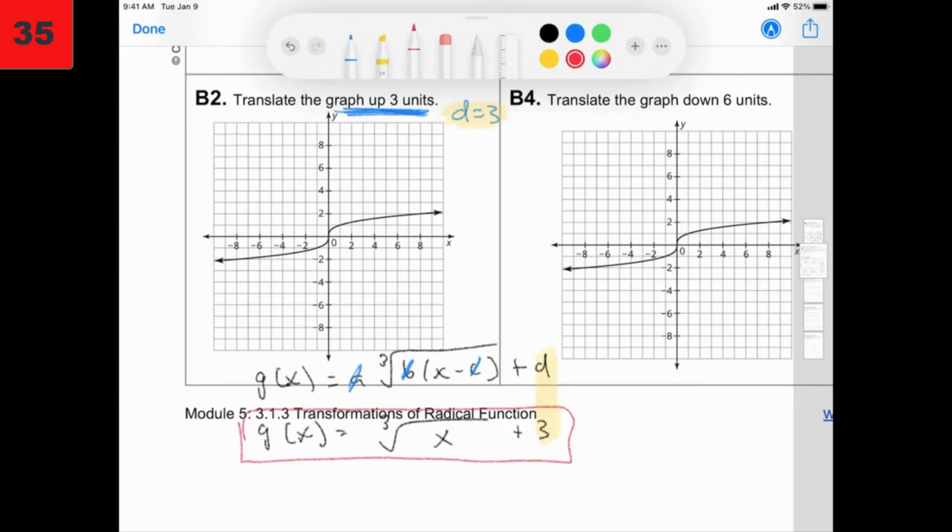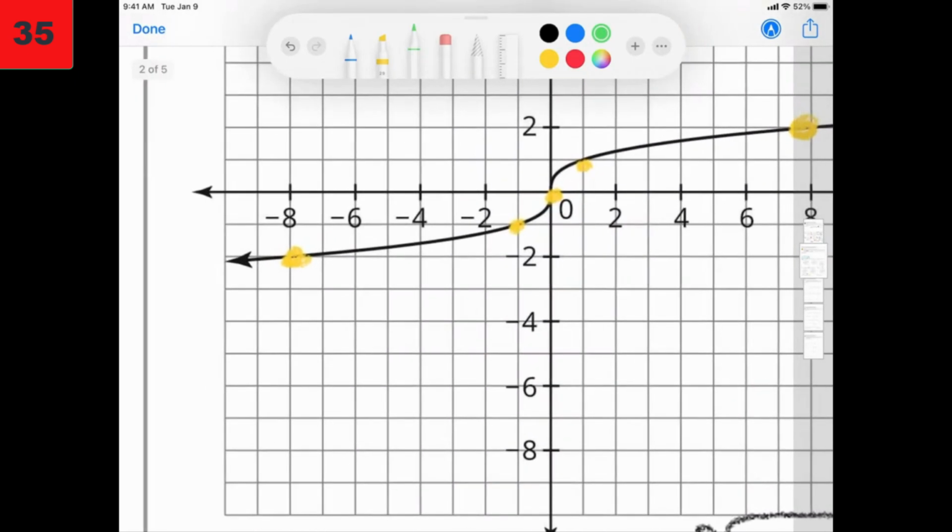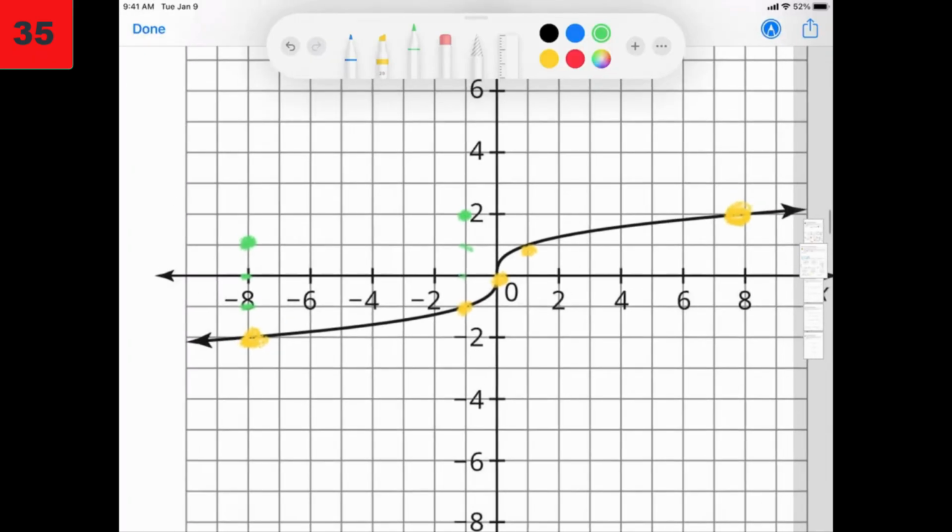Okay, let's go ahead and graph the reference points. Negative 8, 2 came from the intro video. Negative 1, 1, 0, 0, 1, 1, 8, 2. Okay, and I'm just going to move those points 3 units up. 1, 2, 3. 1, 2, 3. 1, 2, 3.